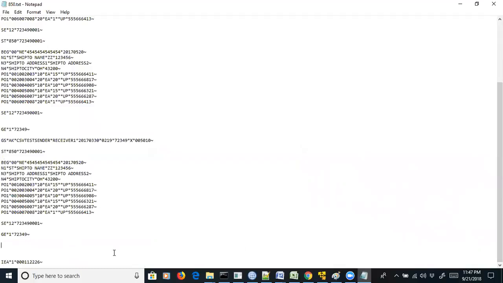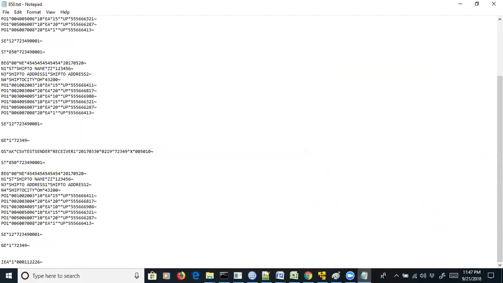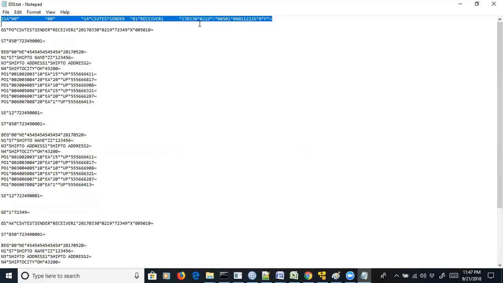For simplicity, let me remove this. So here you can see your ISA, the interchange envelope, is surrounding multiple functional groups. The group envelope surrounds your transactional envelope, right? So the outermost envelope is ISA, then GS, and innermost is ST. Outermost is ISA, and the middle one is GS.